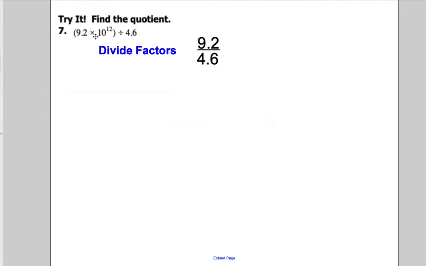You can start out by writing this down as a fraction, or you could put it right in your calculator, 9.2 divided by 4.6, from left to right. You have to bring along your power of 10, which in this case is 10 to the 12th power. So when I divide 9.2 by 4.6, I get 2. And I still bring down my 10 to the 12th power.